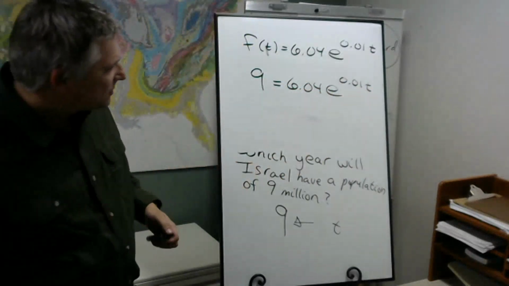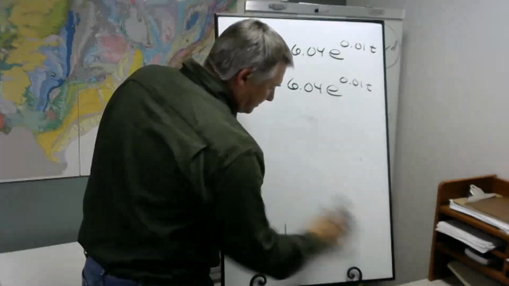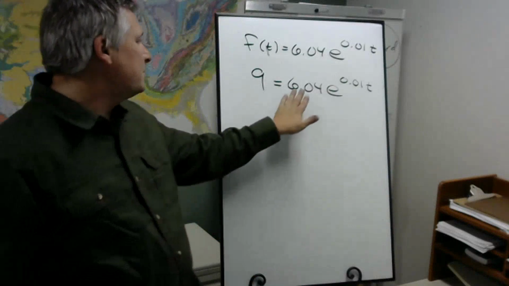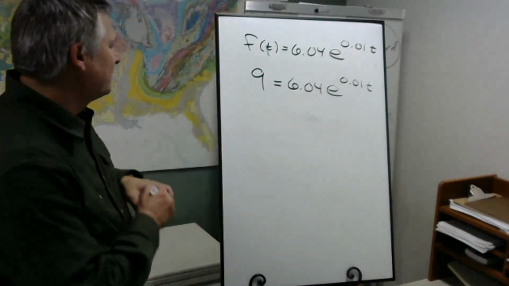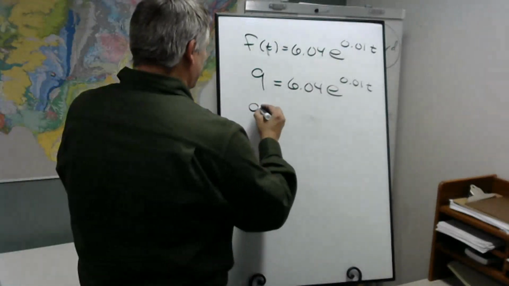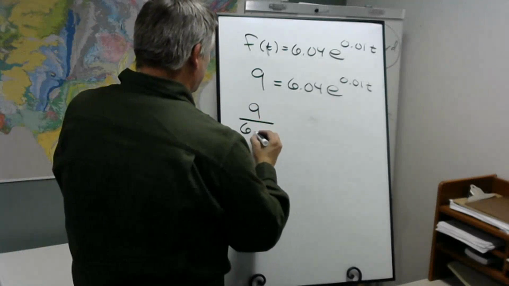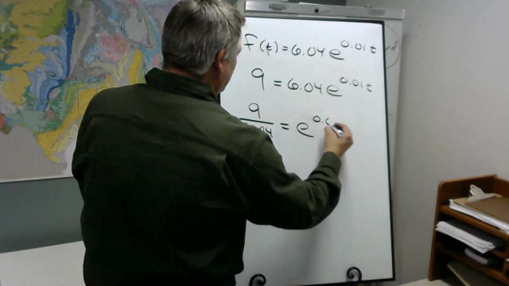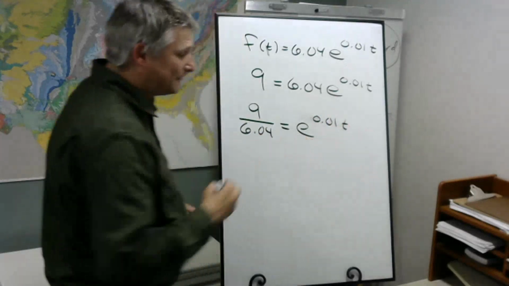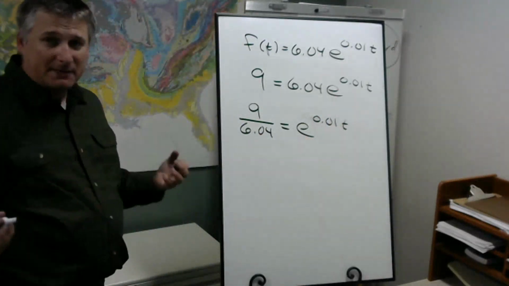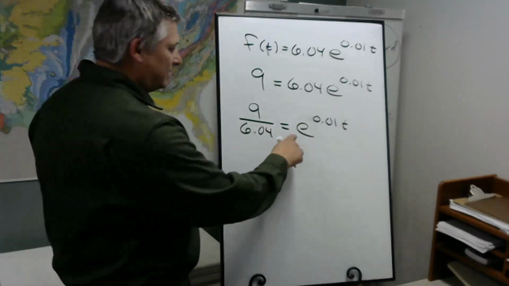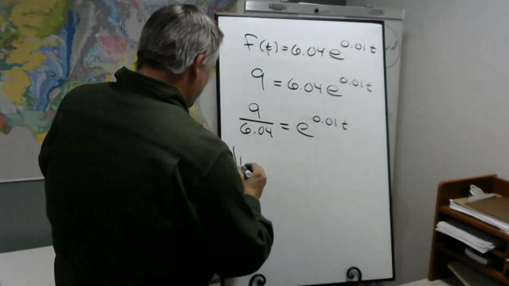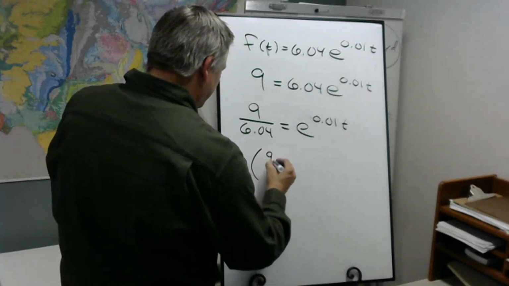So again, we're going to solve this very similarly to how we did for k, but now we're going to solve for t. So divide both sides by 6.04. We get 9 over 6.04 equals e to the 0.01 t. Now take the natural log. We get log base e and an exponent base e. They'll cancel. But what we do to one side, we have to do to the other.